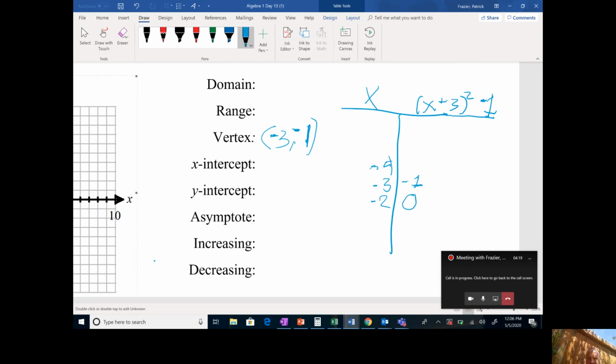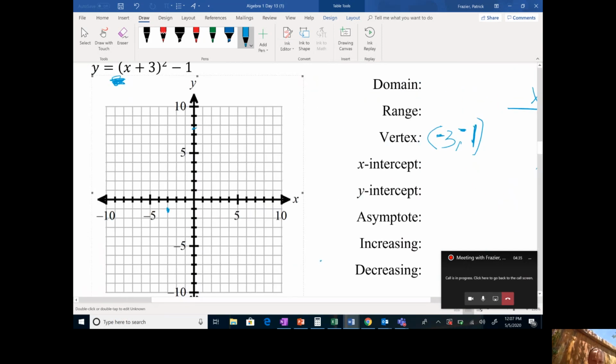And I should get the same thing for -4. -4 plus 3 is -1. -1 squared is +1. +1 minus 1 is 0. So then, and that makes sense. Over here, it's still a 1-to-1 relationship before it starts growing exponentially. So we move over 1, go up 1.